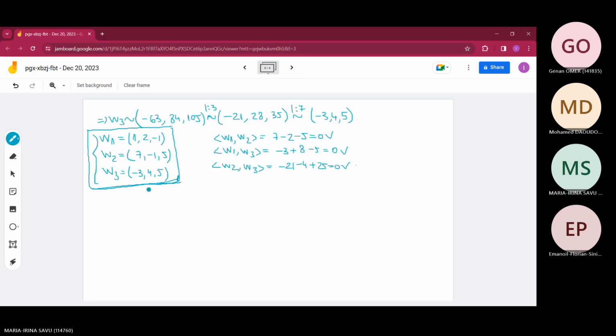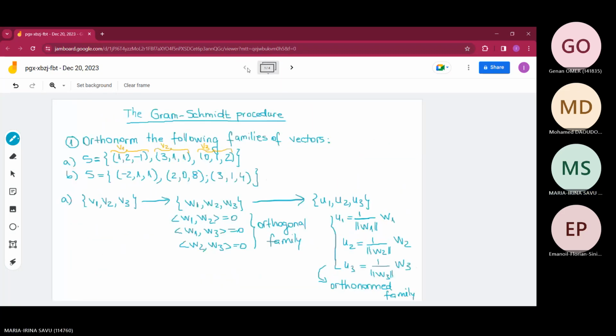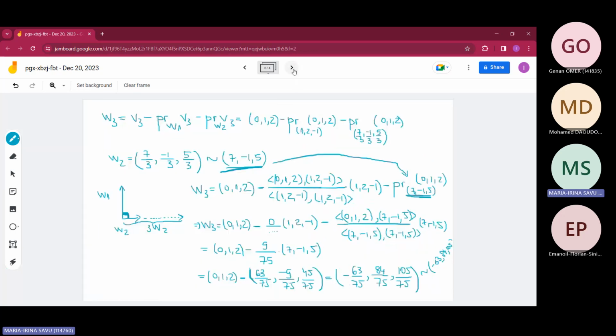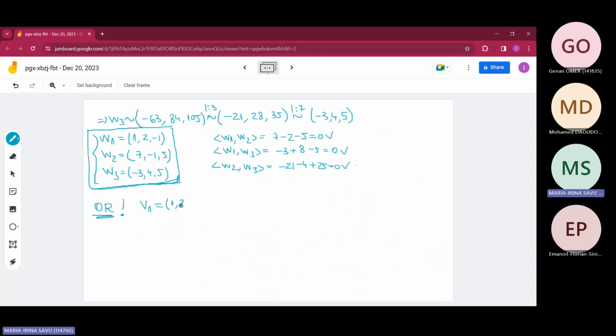You would have a more simplified process if you looked first at V1 and V3. V1 is 1, 2, minus 1, and V3 is 2, 1, 0. So the product of V1 and V3 is 0 plus 2 minus 2, which is 0. So they are already orthogonal vectors.